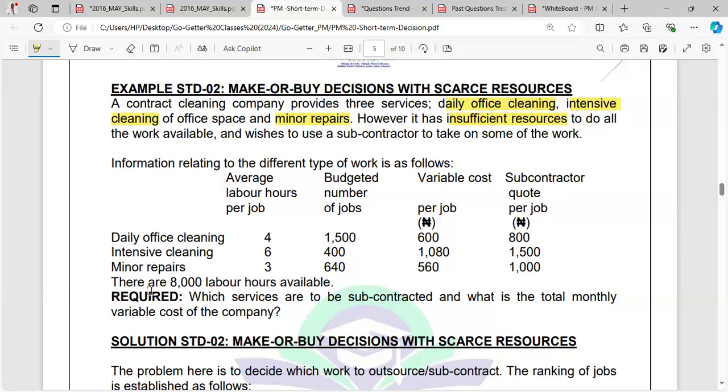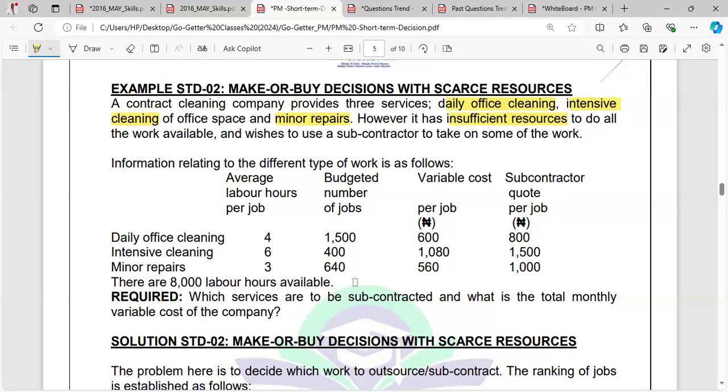And there are 8,000 hours available. You know here that you cannot do everything, because 4 hours times 15 plus 6 hours times 400 plus 3 hours times 640, add them together will be far more than 8,000.